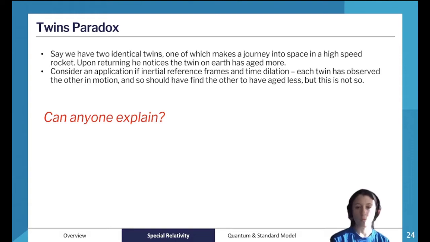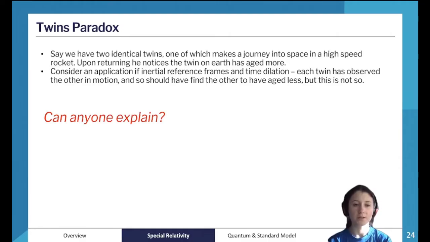Why is it that the twin who comes back on the rocket sees that the twin on Earth has aged more, and this doesn't really seem to match up with what we've learned so far? If you haven't heard of the twins paradox before, or if you have and you're just studying, make sure you pause the recording, have a think about it, and write it down.